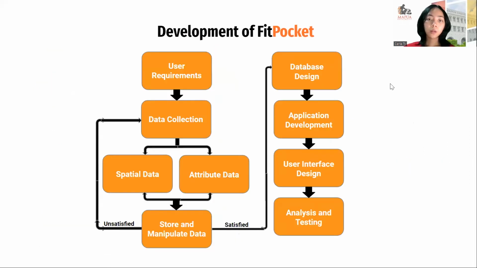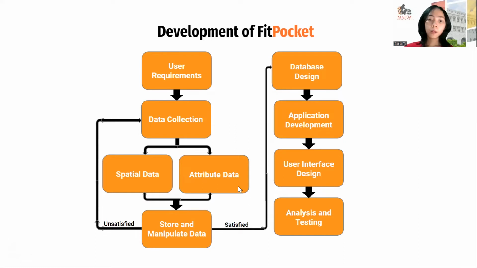So here's our development of Bitbucket. Starting from user requirements, next is data collection, and we have two types of data, which is the spatial data and attribute data. Then we'll store and manipulate the data. Once our developing team is satisfied, we will continue to database design, the creation of database design, application development, the user interface design, and analysis and testing.